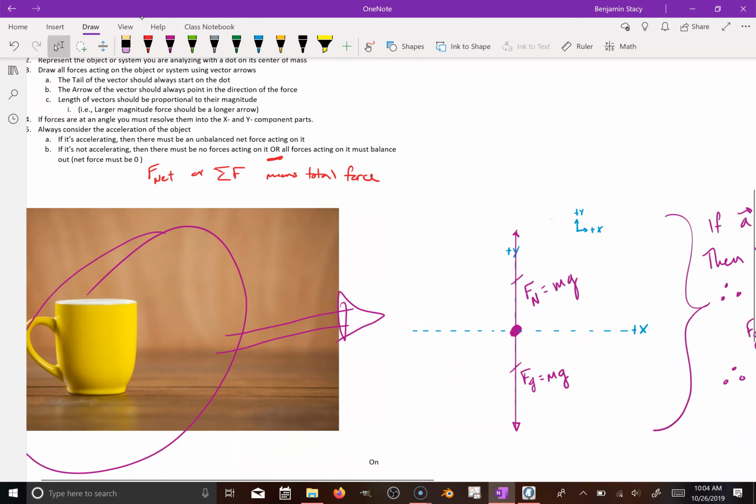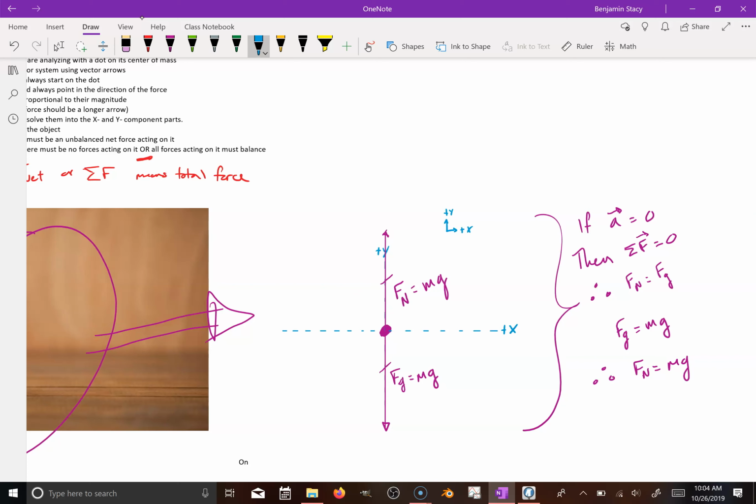If forces are at an angle, like if we had a force like this coming off to the side, and we've got some angle here, we would have to break it up into its x and its y component parts. So if this blue line I drew was F, then I would have F in the X direction, and I would also have F in the Y direction.